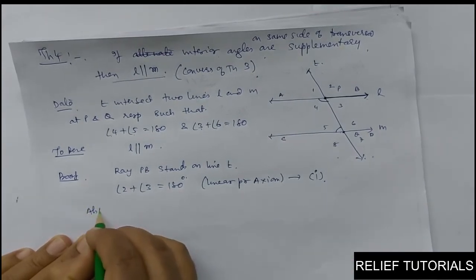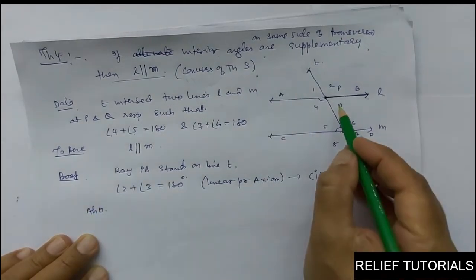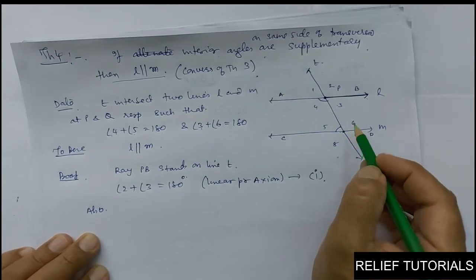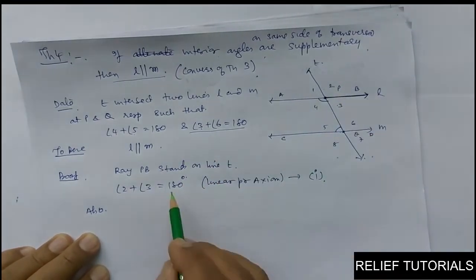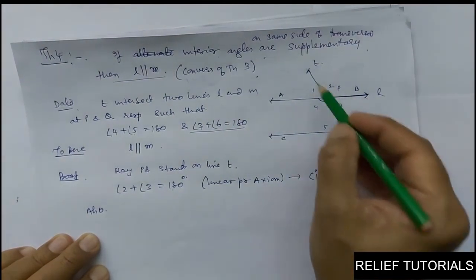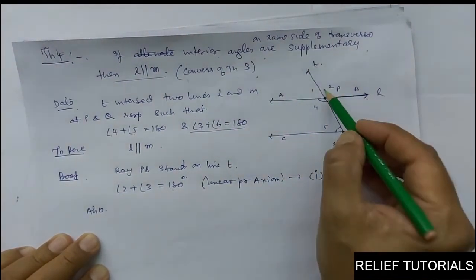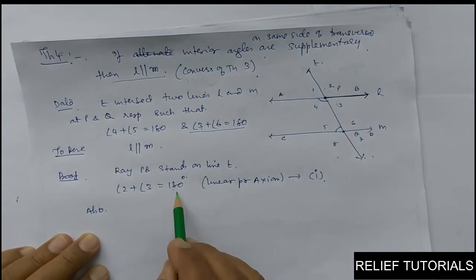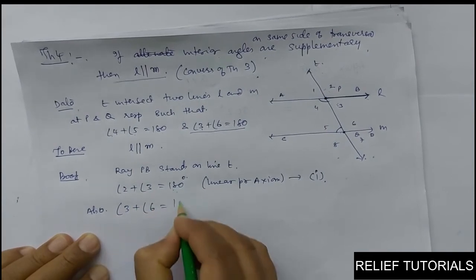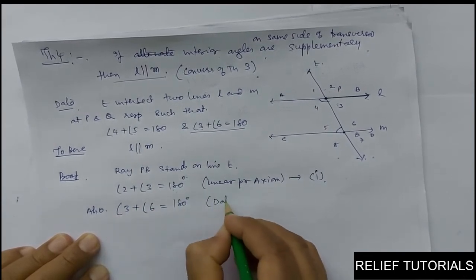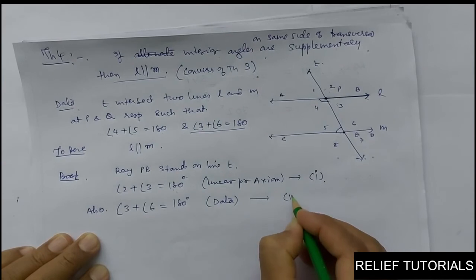And also I can say angle 3 plus angle 6 is 180 degrees. It is given, no? 2 plus 3 is equal to 180 because PB stands on line T, so they are a linear pair and their total is 180. Now 3 plus 6 is also 180. Why? Data. Reason: data. So I can call this 2.